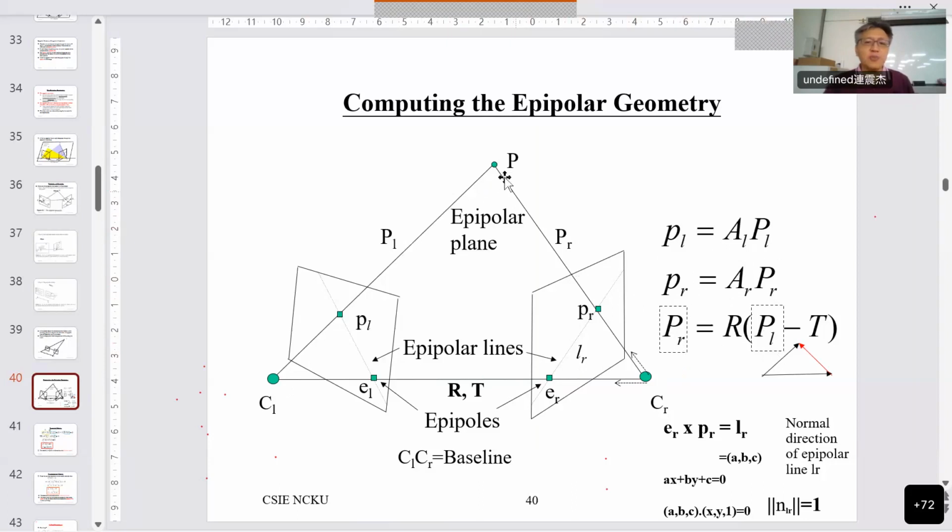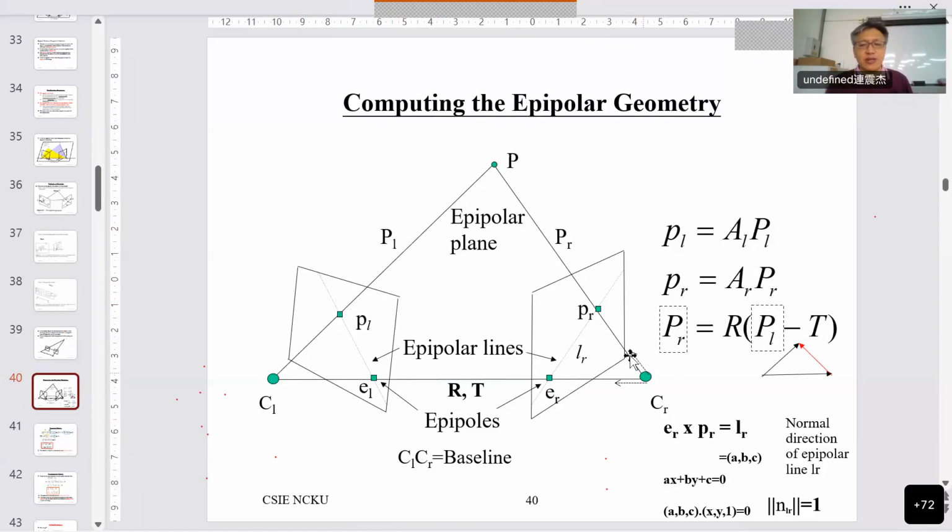Okay, the original P is the world coordinate, and the world coordinate, like a calibration board, is only one position. However, you have two cameras, so the two cameras have different positions. So this is the world coordinate point. If you transfer it to the left camera, it becomes P left.